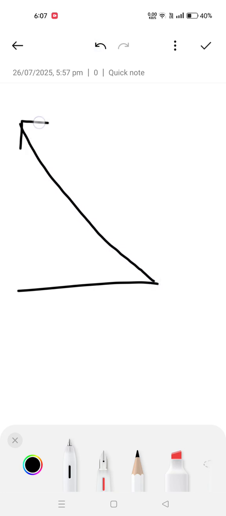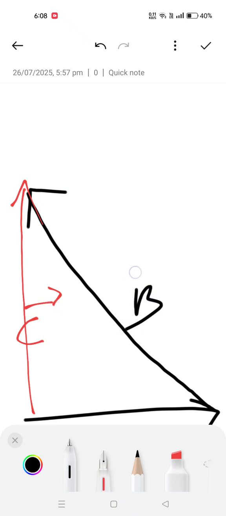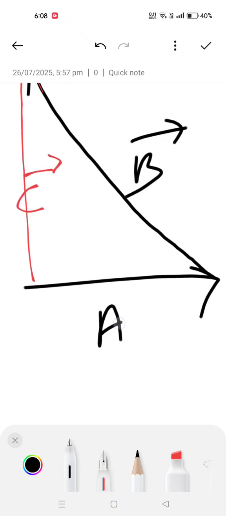This is c vector, this is b vector, and this is a vector. Here there is a 90 degree angle. This is 90 degrees where a and b is perpendicular to c. The resultant is perpendicular to c, meaning c is perpendicular to a vector.